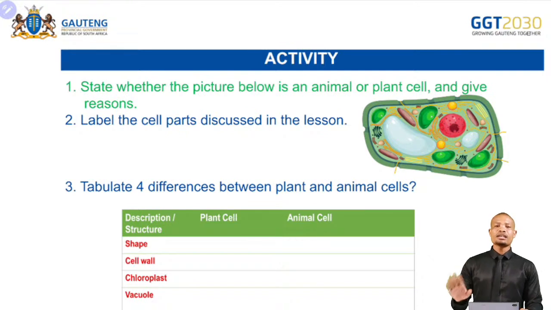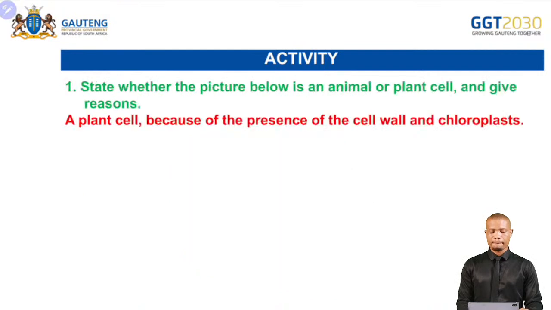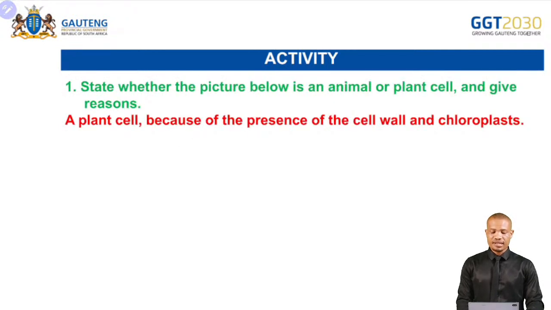So let's quickly go through these questions together. Right. So state whether the picture below is an animal or plant cell and give reasons. This is definitely a plant cell. Why is it a plant cell? That is because of the presence of the cell wall and chloroplasts. Okay?